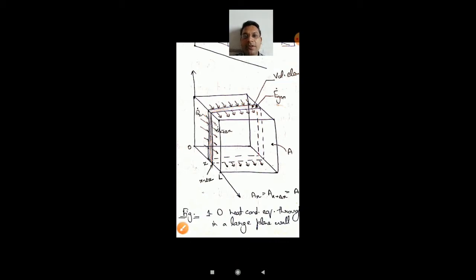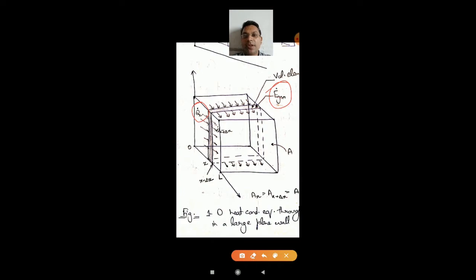Now consider that the heat Qx is coming into the wall. The dot over the Q represents the rate. This is a very standard term which you must be using from your basic thermodynamics courses. Then, since I am considering the general case, heat generation is also considered here.